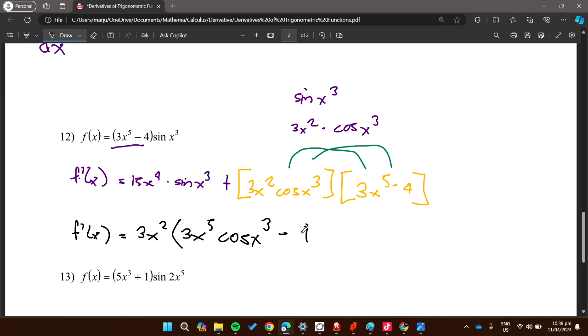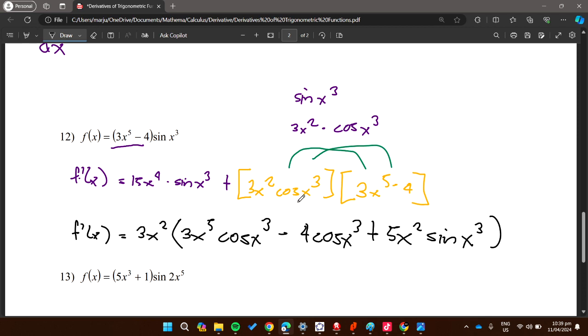So, we have 4 cos x cube plus what else? 5x squared. Oh, yeah. So 5x squared and then sine x to the third power. Alright, sine x to the third power.